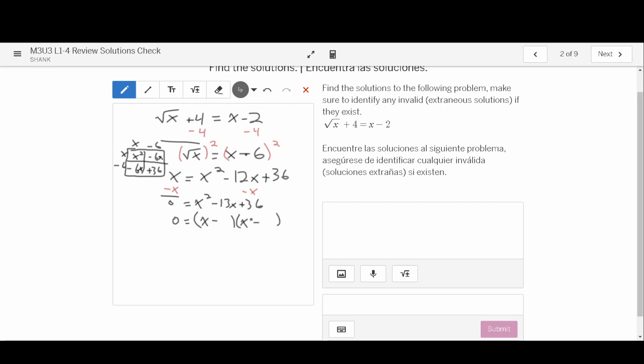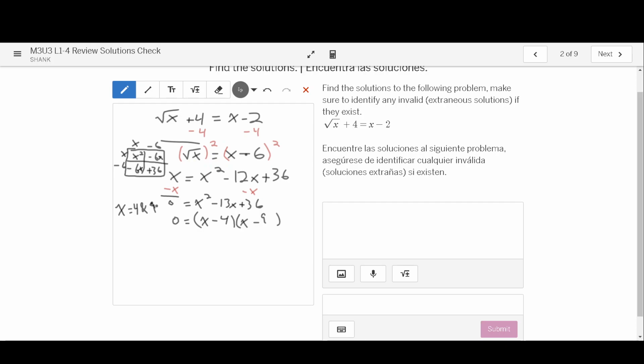That tells me both of them are going to be negative, because the same sign multiplied together gives a positive. Two numbers that multiply to give 36 and add to give 13 are 4 and 9. So I can say x equals positive 4 and positive 9.